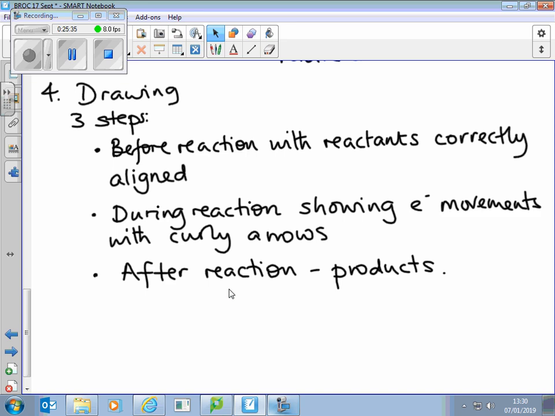Right, what I do want to do, however, is concentrate on the two examples that come up in the assignment, and I'm trying to remember what I've actually given you. There it is.